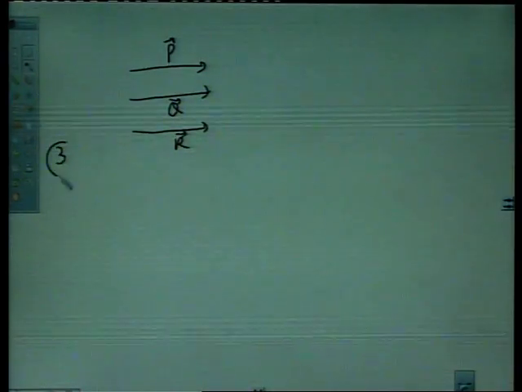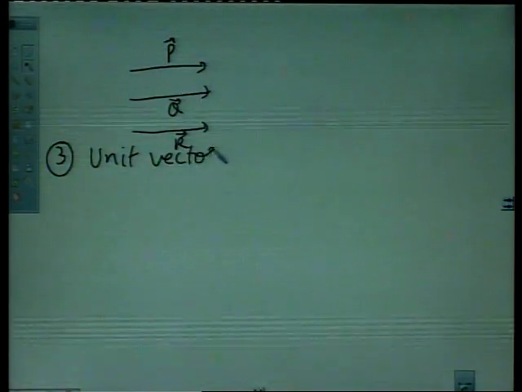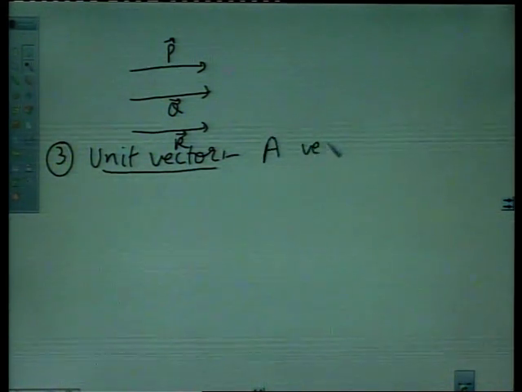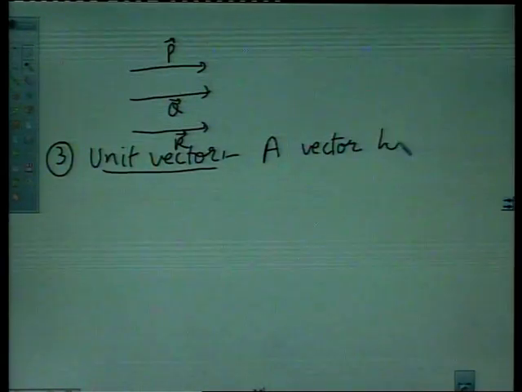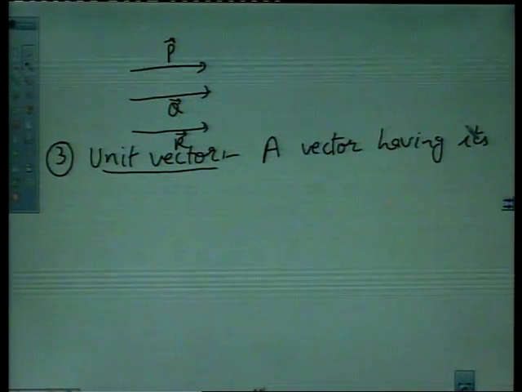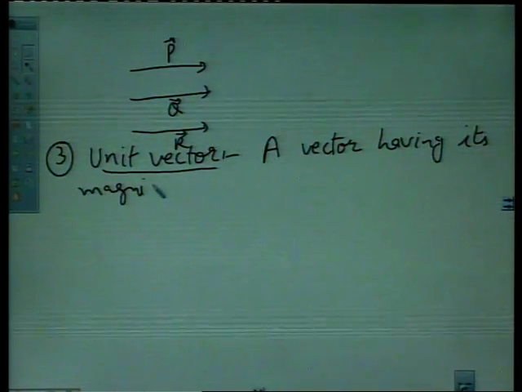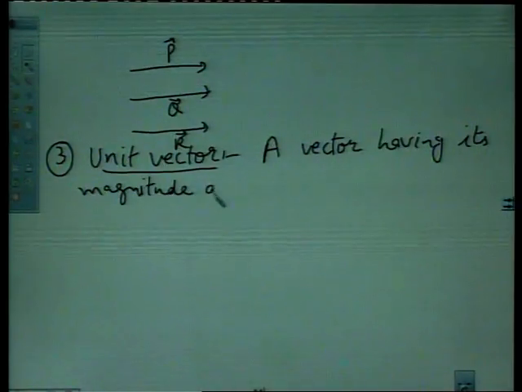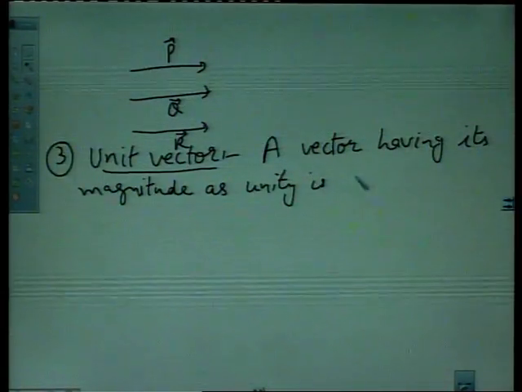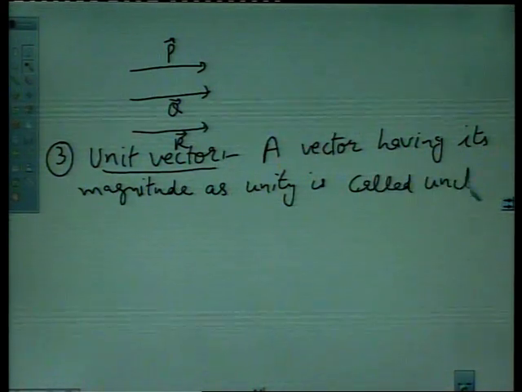Now the third type of vector is the unit vector. A vector having its magnitude as unity is called unit vector.